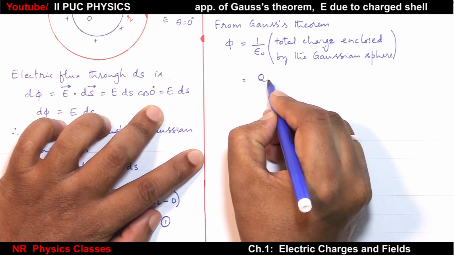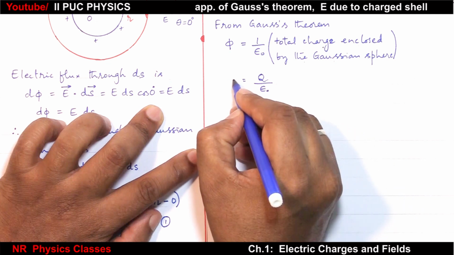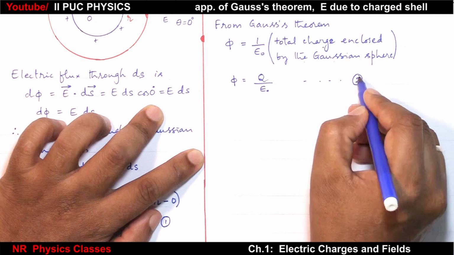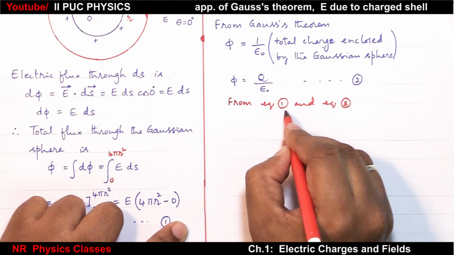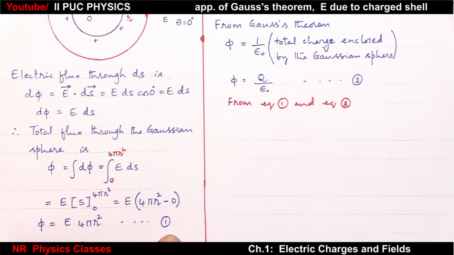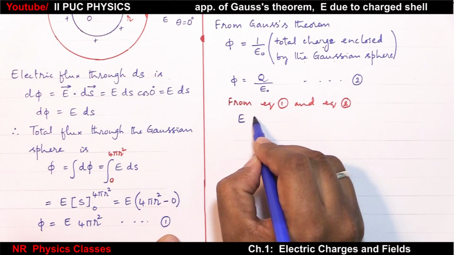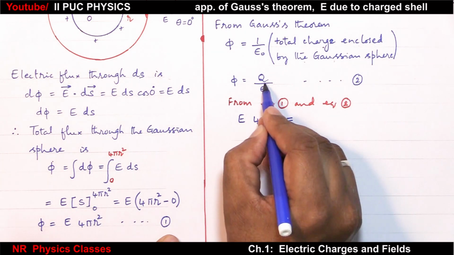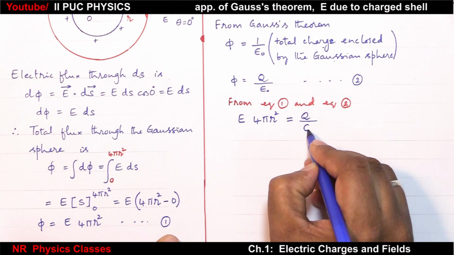That total charge is Q, so phi equals Q by epsilon naught. Equation 2. From equation 1 and equation 2, equation 1 flux is E into 4 pi r square, equal to the second equation, Q by epsilon naught.